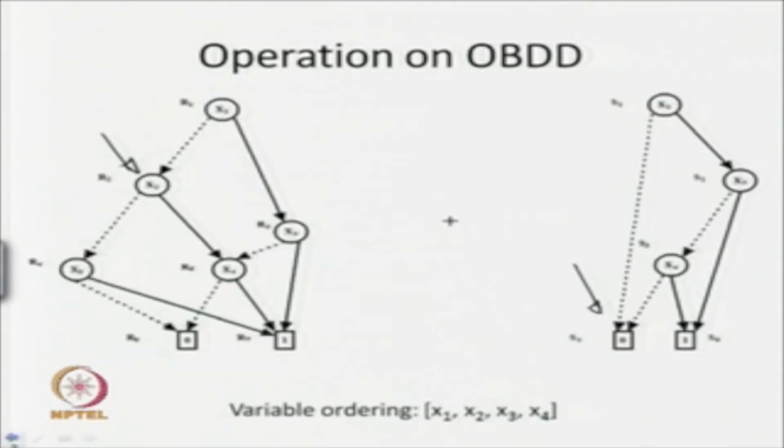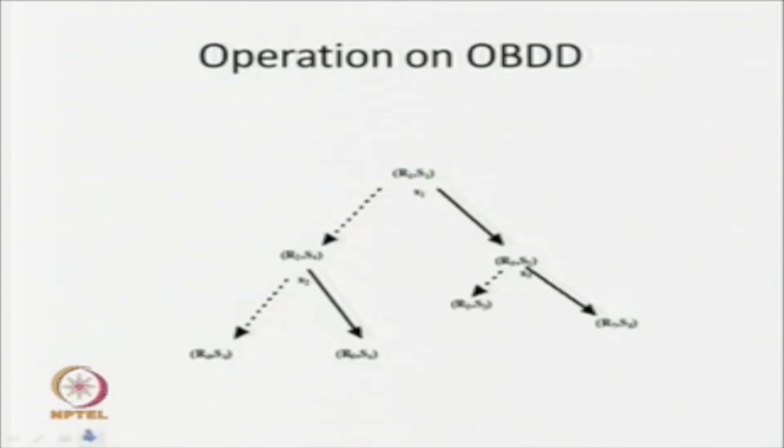Similarly, if we look at the other side, this is my root node and this is my root node. So, we are going to construct an S2 R3 node, and the dashed line is coming to R5.